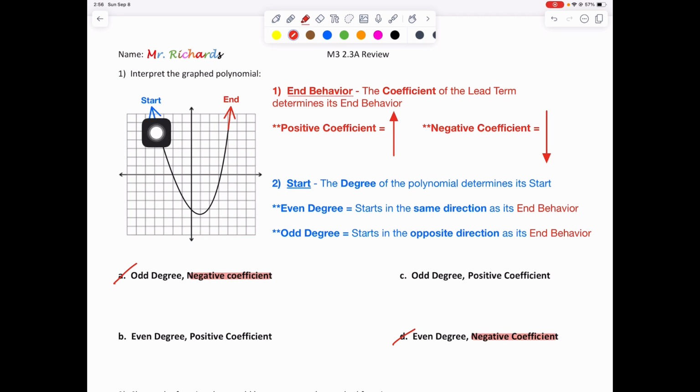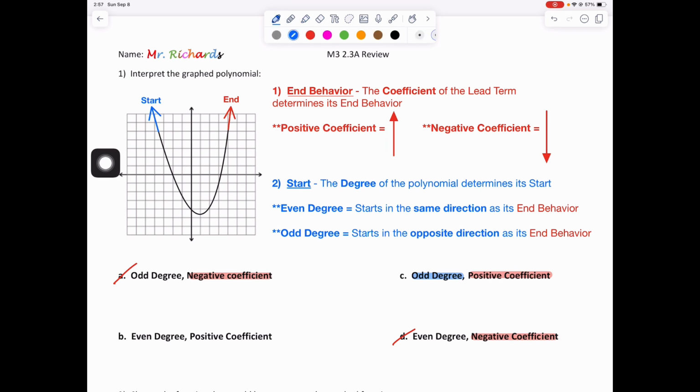An odd degree starts in the opposite direction as its end behavior. 1, 3, 5, 7, 9 would all be pointing downwards, so we need an even degree to go with it. Let's take a look. We have the positive coefficient that we knew, but it has an odd degree, and an odd degree starts in the opposite direction. Well, it's starting upwards and it ends upwards.